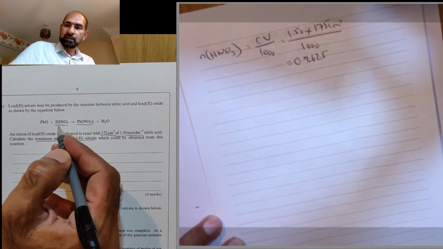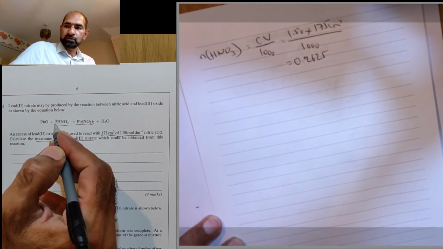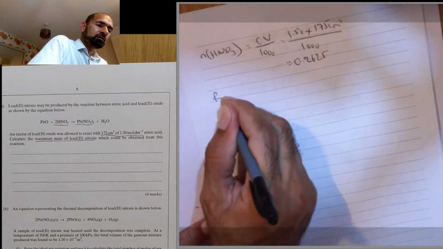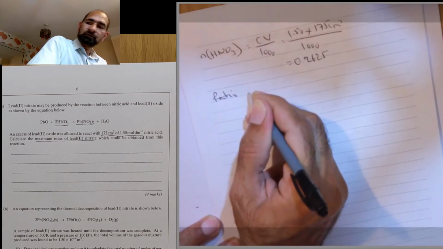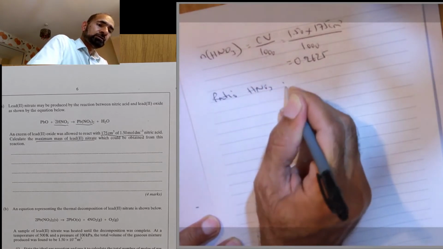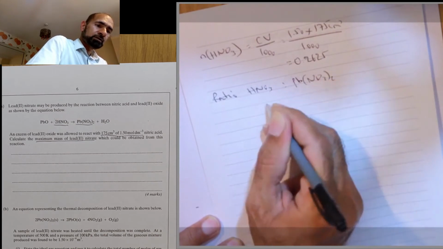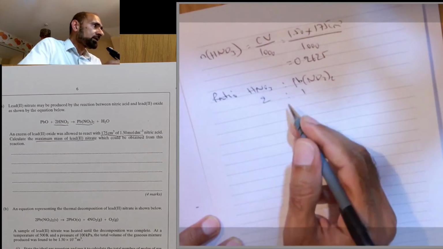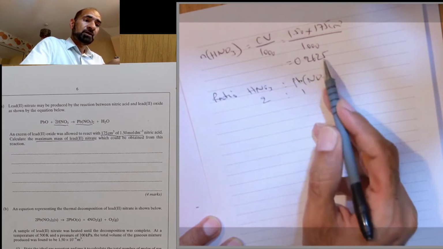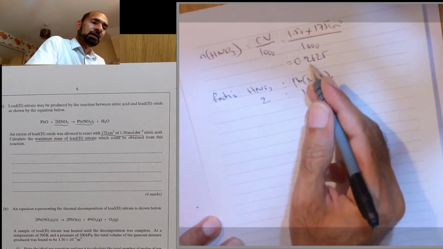Now, looking at the equation, the ratio of nitric acid to lead nitrate is 2 to 1. And so what you need to do is say, if I've got that many moles of nitric acid, how many moles of lead nitrate? So you need to divide that by 2.